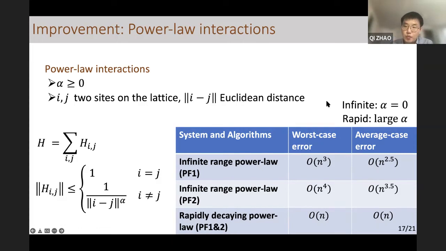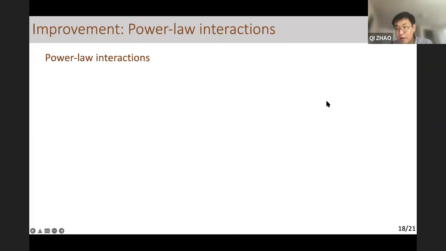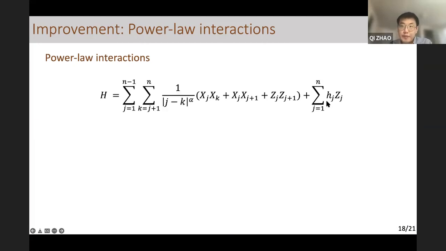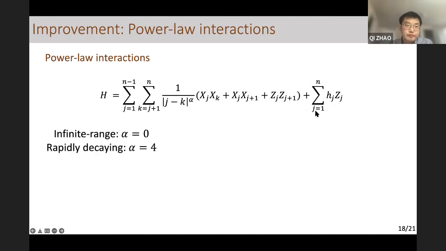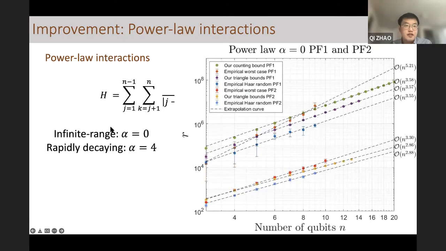And we also test this result in some numerics. We consider the following Hamiltonian with power law interaction, also with a random magnetic field. In the infinite range case, for the first order and second order, the curves can match the empirical result very well.